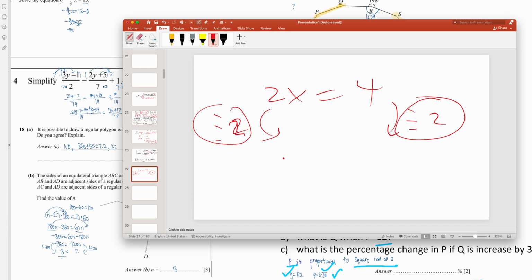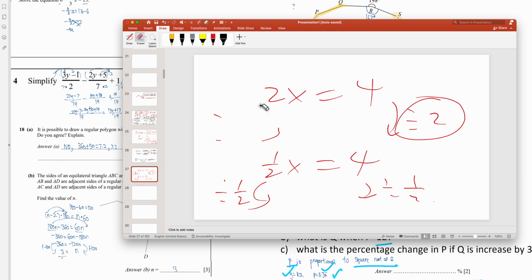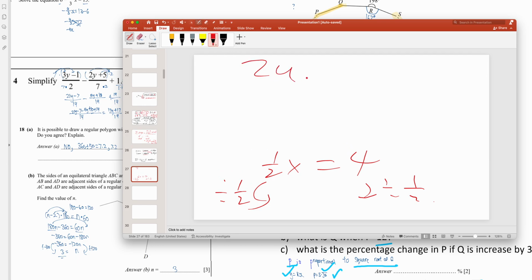Alright? Then what if I give you this? You also divide by half, right? Okay? Then another proportionality. This one, do you use plus 2 or times 2?